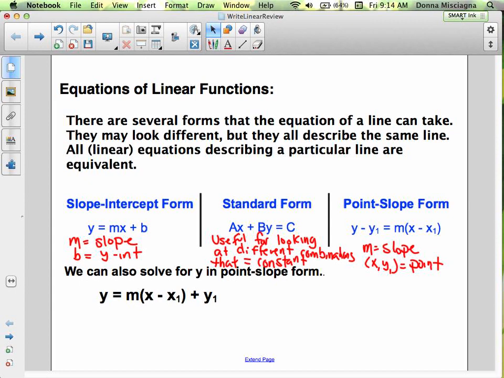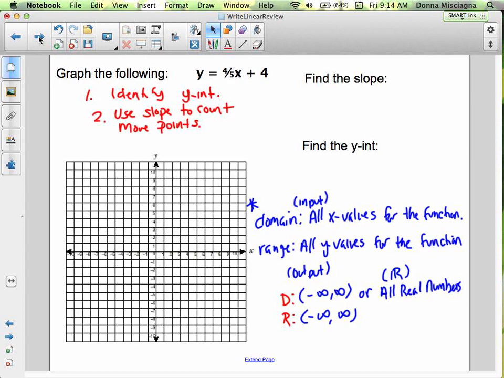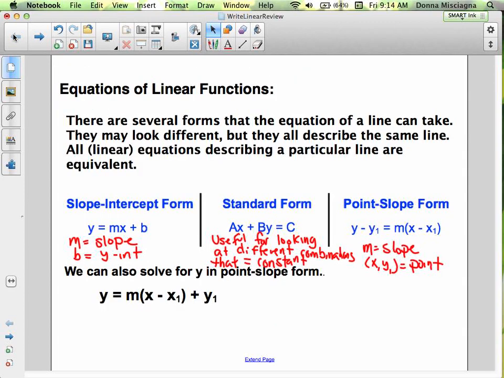Let's do some graphing, now that we've reviewed the forms that linear functions can take. We're going to graph in slope-intercept form here: y equals 4/5 x plus 4. Make sure you're following along in your notes, and taking notes where appropriate. I should add one thing right here.